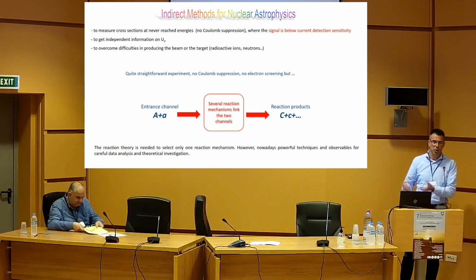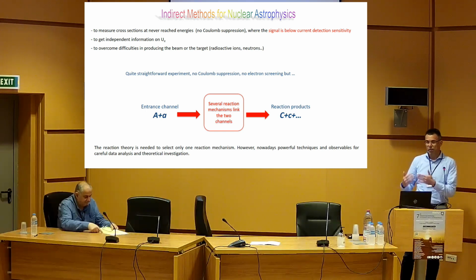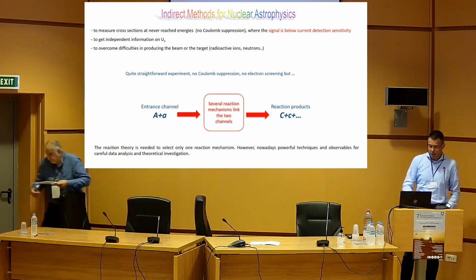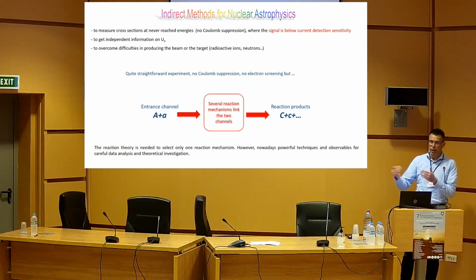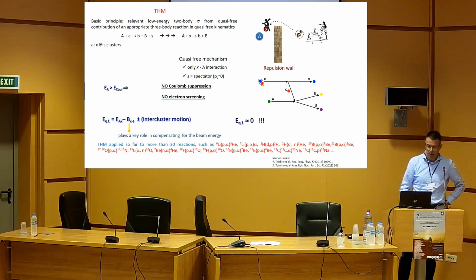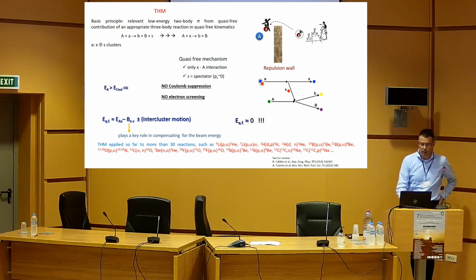Of course, being experimentalists, as in normal life, everything comes at a price. In this case, the problem is that we have to relate the cross-section that we measure to the cross-section we are interested in with reaction theory. But anyhow, after many decades of this kind of studies, this is a well-established technique.